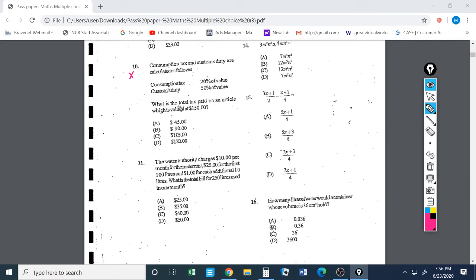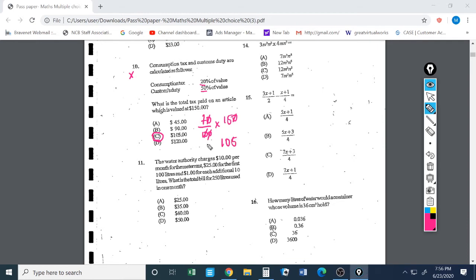What is the total tax paid on an article which is valued at $150? So the tax would be 20% plus 50%, which is 70% of the $150. If we cancel these two zeros here, we're going to get 7 times 15, which would give us 105, and the answer is C, 105.